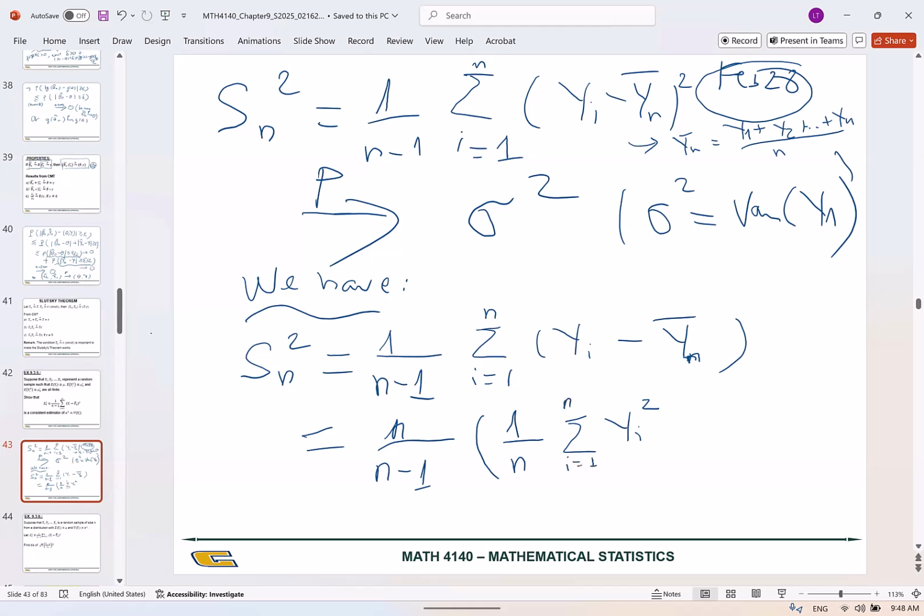I have a reason for that, but I just do a little bit of a trick here. So now you need to verify that this can be written by this.